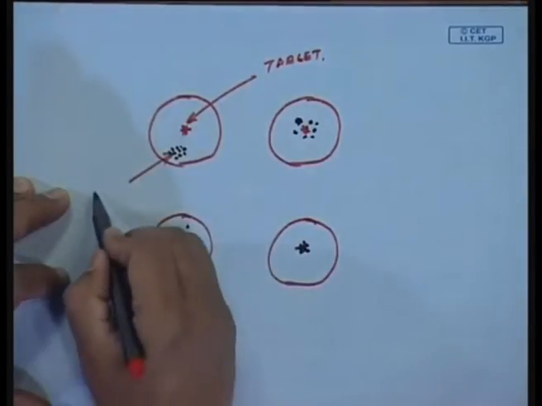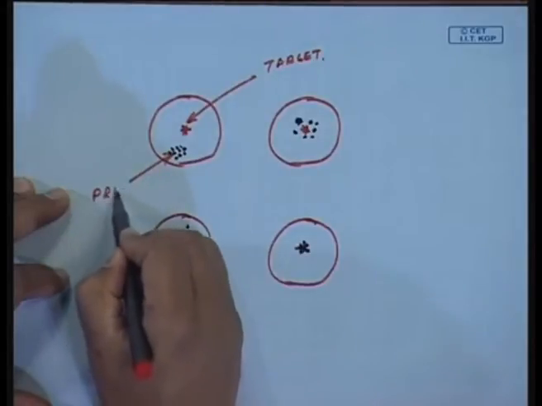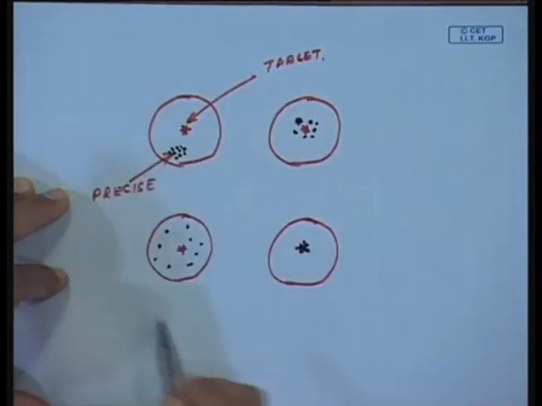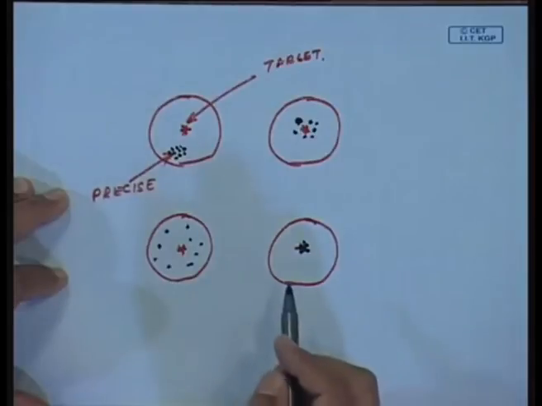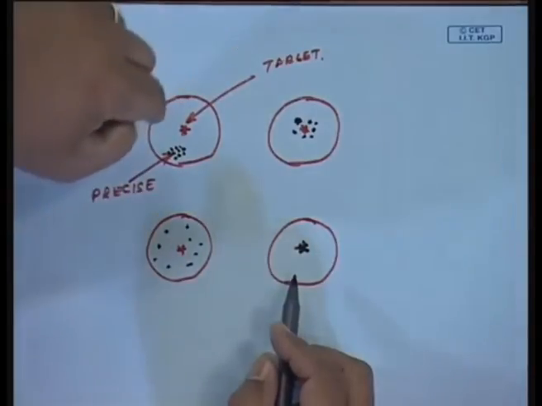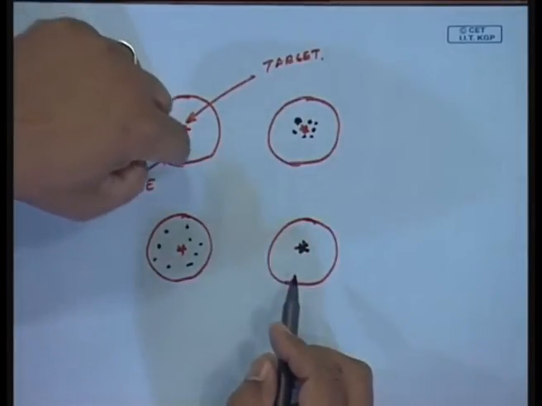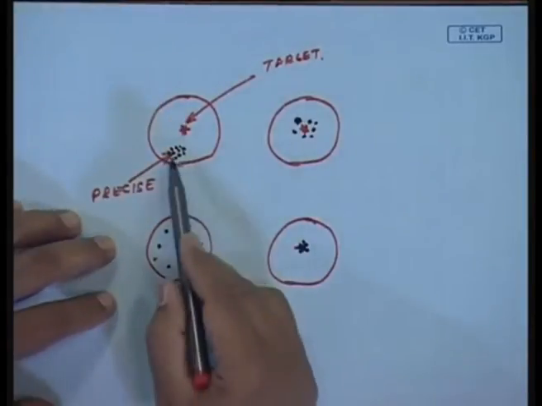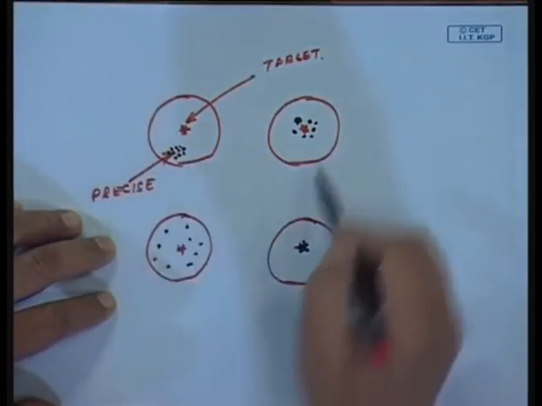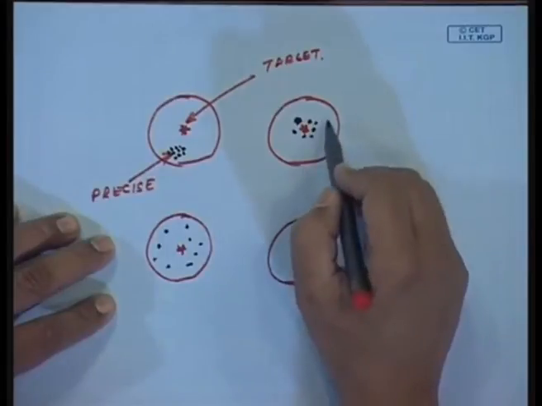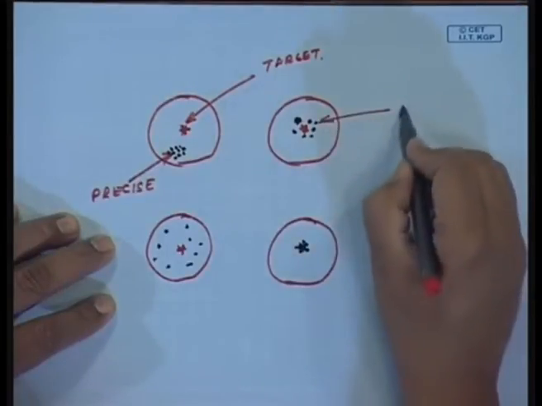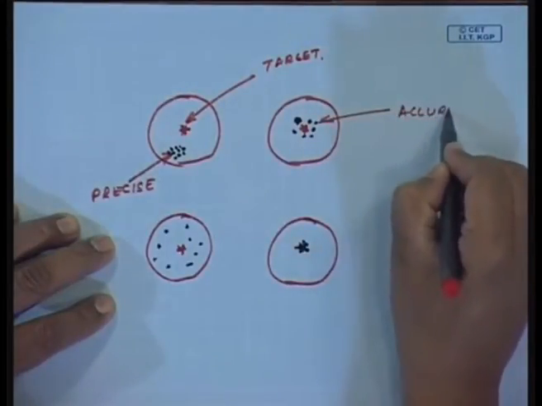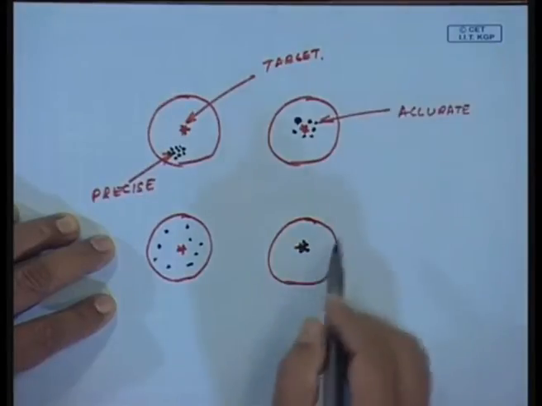In this case I am precise, in the sense that I am always measuring around a particular value here. Here I am accurate, but not quite.